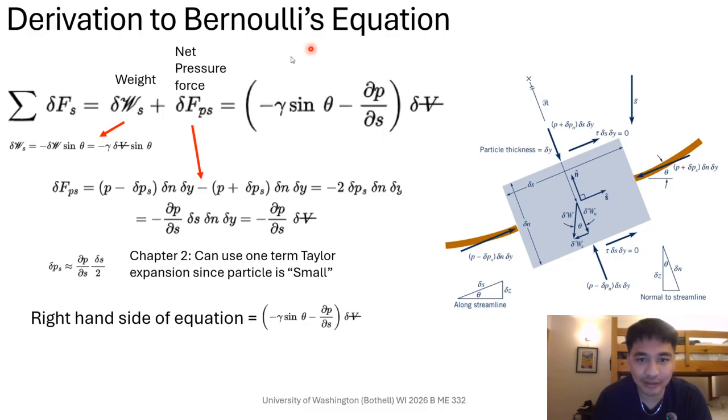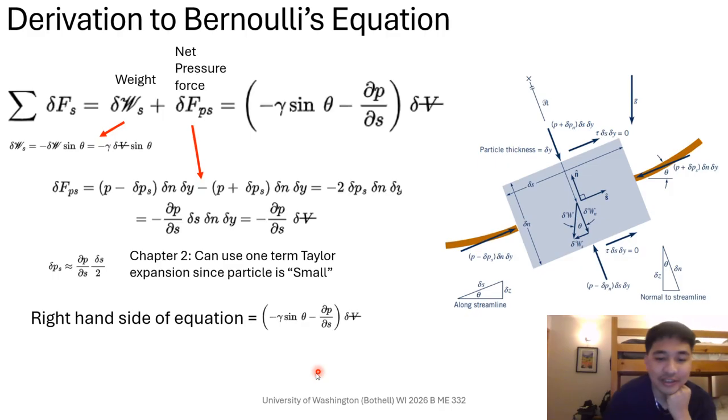So now you get this side right here. And they already just pulled out the delta V because they're common terms. So now this is your sum of forces in the streamline direction. Okay. And like I said, since it's a recording, it's nice you can rewind if anything was confusing. But to summarize what we just did, we just summed the forces in this direction here.